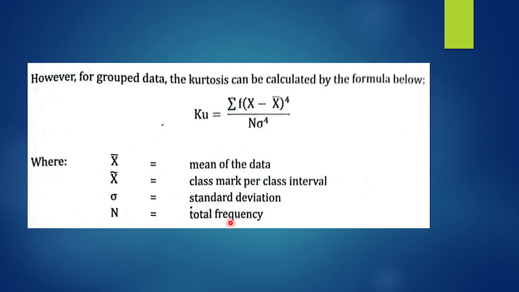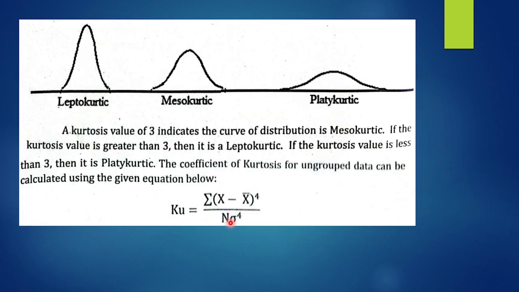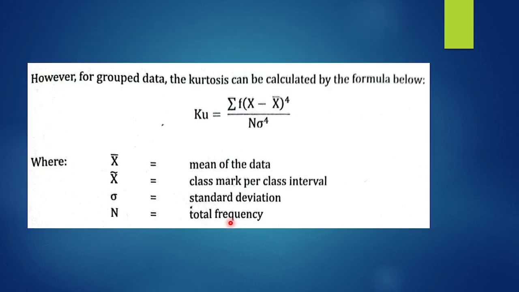All right, so we're done with the ungrouped data, and right now we're going to give the formula for grouped data. So the kurtosis can be calculated using the formula below. Ku, again the kurtosis, is equal to the summation of f, the frequency, multiplied by the quantity x, which is the data, minus the mean of the data, powered by 4, all over n, the total number of frequency, multiplied by the standard deviation raised to 4.